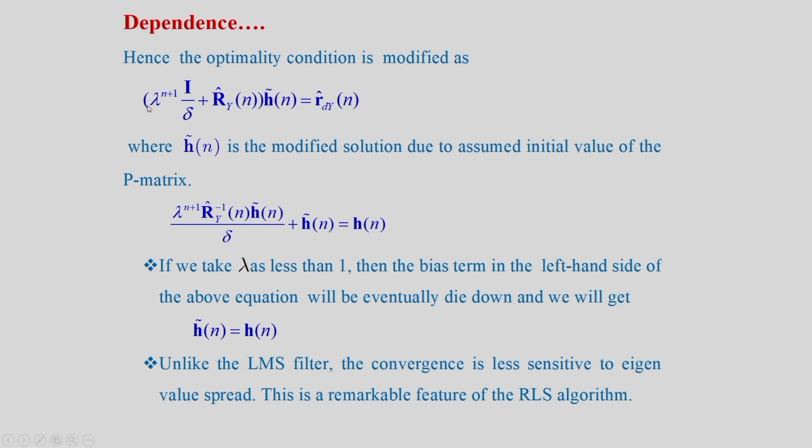So, this is the modification in the left hand side because of the initialization of the P matrix as delta into I. So, this is the modified normal equation, where h tilde n is the modified solution due to the assumed initial value of the P matrix.